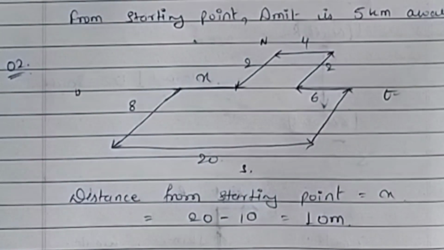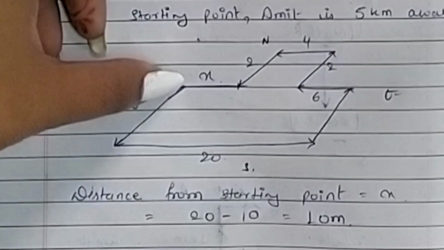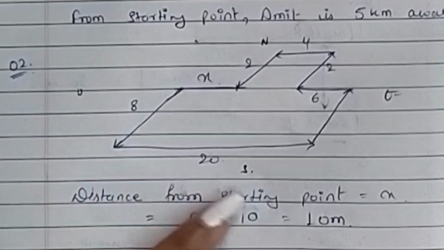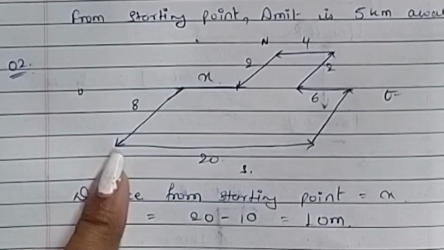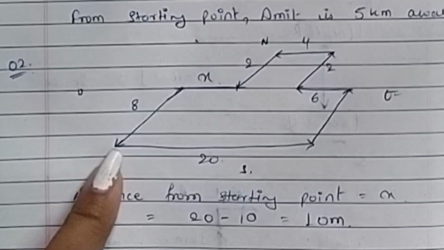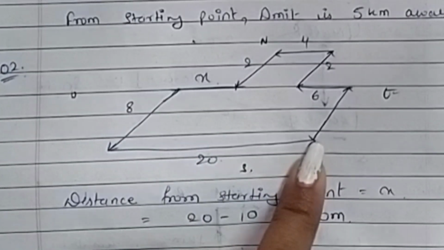He took his cycle and cycled for 8 meters in the southwest direction, and then he moved towards the east direction. After completing the 8 meters journey, he took the east direction and travels for 20 meters.